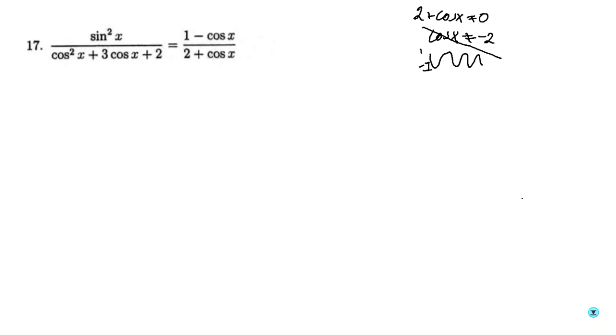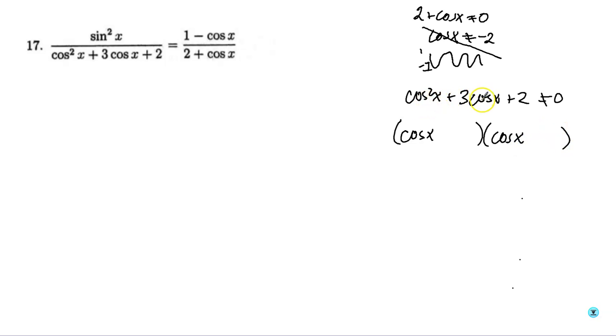Now this one, technically, I need to be able to see if that's 0. So I think most of you can see where we're going to go with this. I would have to factor this denominator to see if there is any time that it's 0. Remember, you can factor this just like normal.